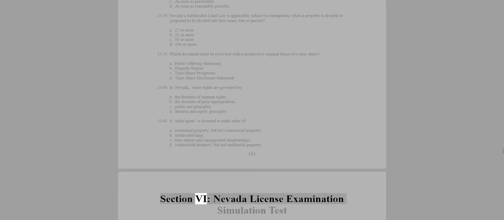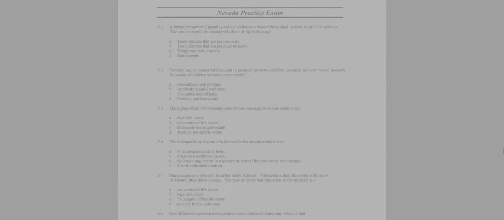Section 6, Nevada License Examination Simulation Test. Nevada Practice Exam. S1. A farmer temporarily installs produce coolers in a leased farm stand in order to prevent spoilage. The coolers would be considered which of the following?